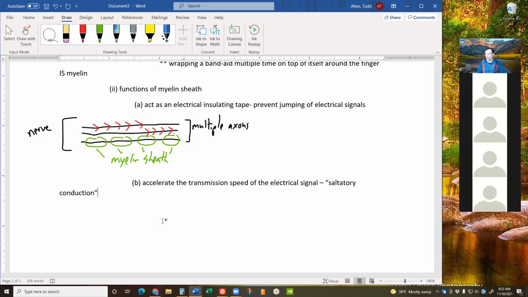But with saltatory conduction, it's kind of like you're playing a game of basketball. Let's think about that for just a moment. If we're all sitting on a basketball court, and let's say that we have basketball hoops at each end of the court, right?